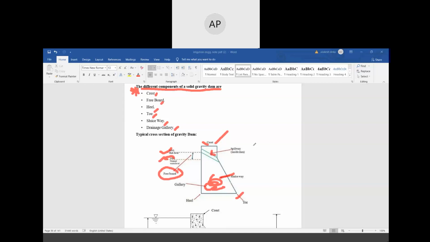So these are the main components of a gravity dam. Remember, the upper portion is the crest, the lower right portion is the toe, the lower left portion is the heel. This portion is the gallery, sluice gate, maximum water level, normal water level, and freeboard. Do you understand?